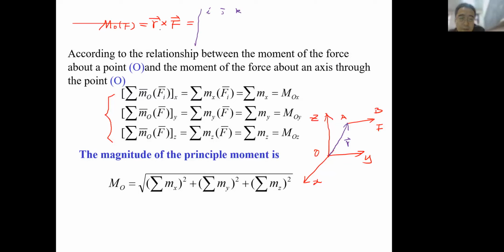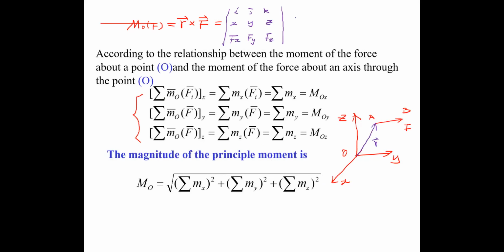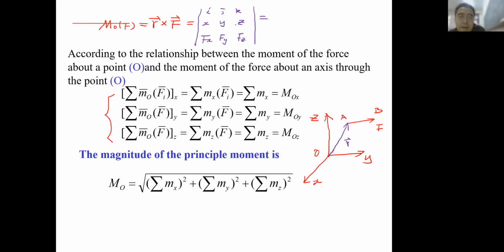We will have three components of R, x, y, and z, which are the coordinate values of point A in this system, and we have Fx, Fy, and Fz.